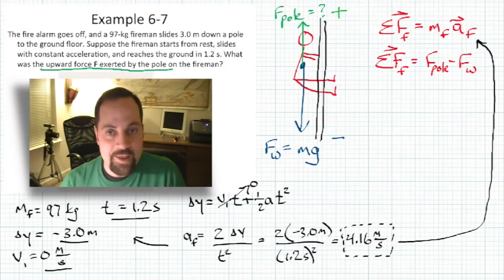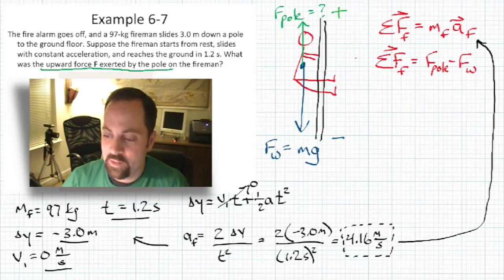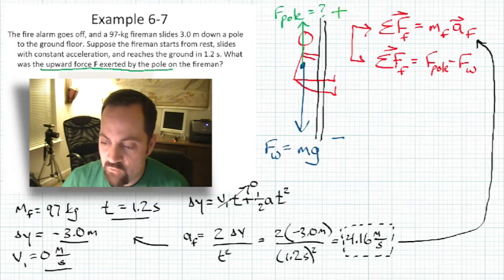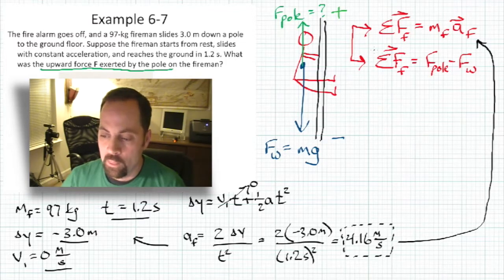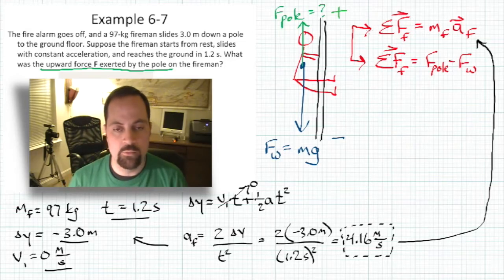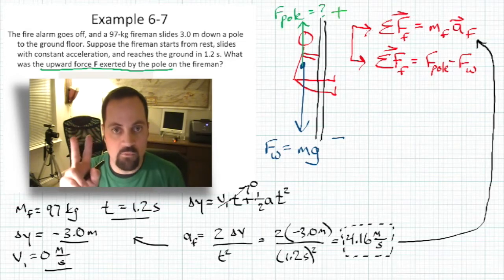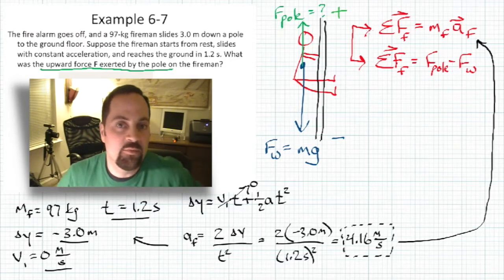So, what we can say then is that since both of these equations equal net force, they're both equal to each other. It's like writing the same thing two different ways. It's like the transitive property, sort of.